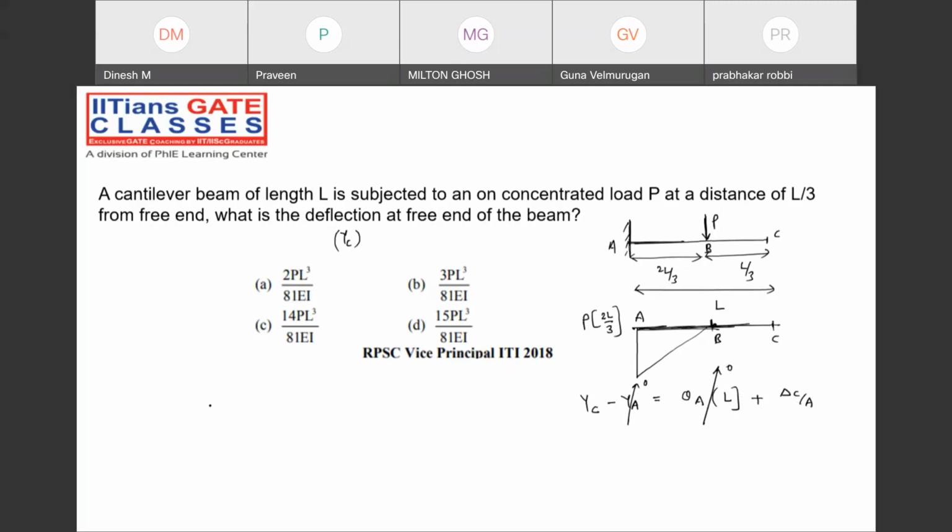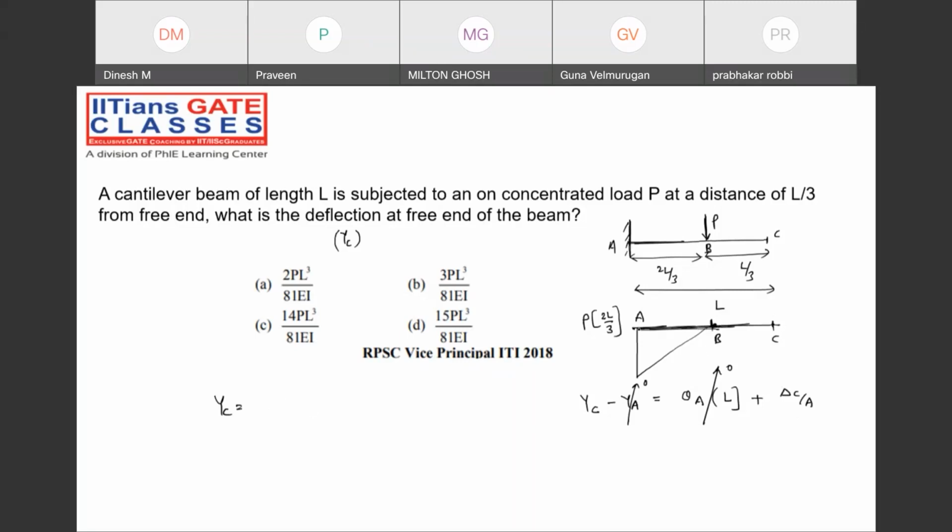This is also 0. So the value of delta C will be the moment of the M by EI diagram between C and A. First of all, we need to take C and A. From C to B there is nothing.